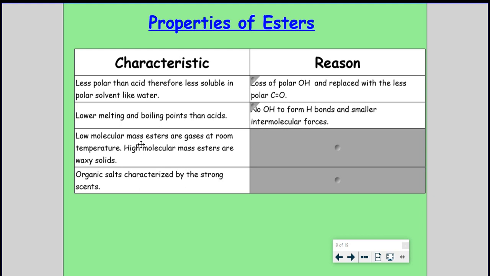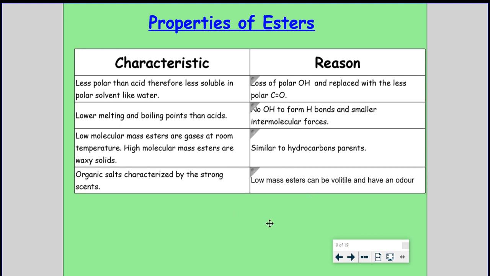A higher molecular weight, longer chain carboxylic acid or alcohol derivatives are going to give you larger esters and are going to have greater intermolecular forces, which will form liquids at room temperature, liquid esters, or even waxy solid esters. So we've covered why that is when we talked about hydrocarbons and other functional groups. And this we've mentioned already, they're usually characterized by strong scents.